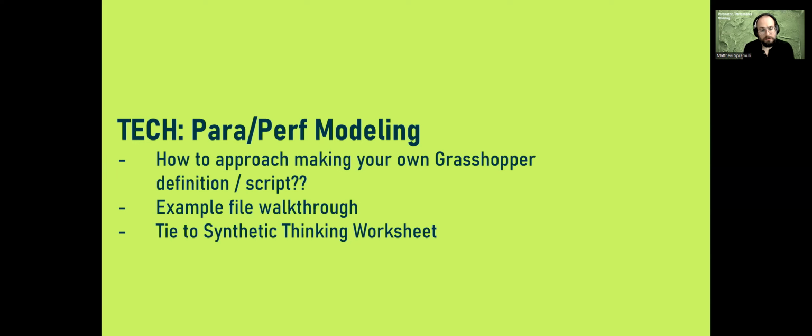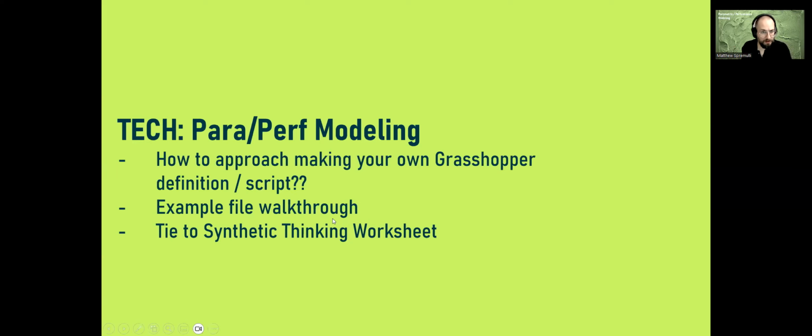I'm going to do that by way of an example file walkthrough, because I think it will describe a very interesting approach that I have personally found to be quite effective in at least getting most students started when doing parametric modeling via visual scripting. It also ties into your synthesizing thinking worksheet, so there's a bit of reinforcement here that I think would be useful.